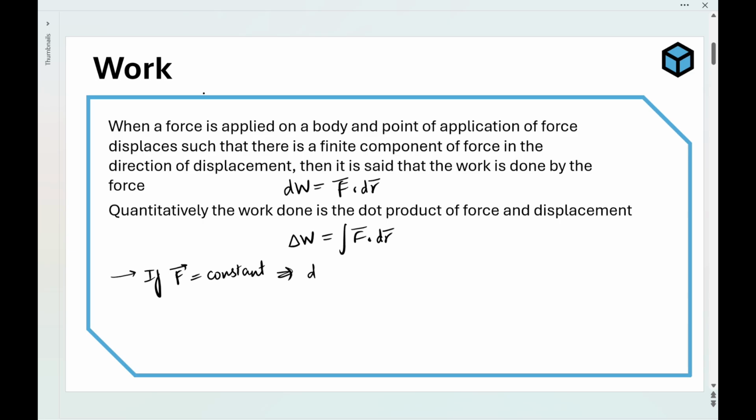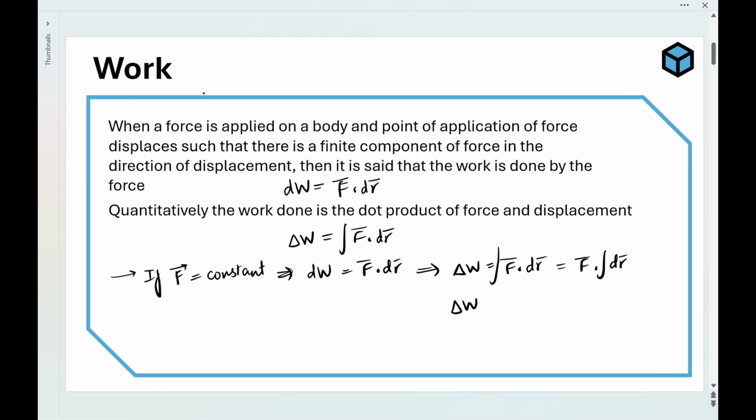Then dW is equal to F bar dot dr bar, which is equal to F bar dot the integration of dr bar, since F bar is constant and we can take it outside of the integral.